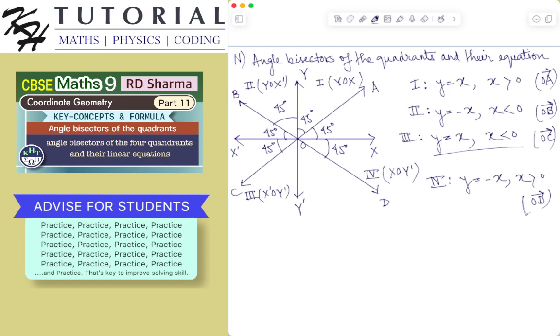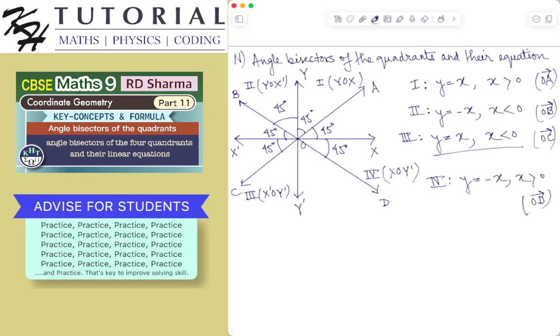So the angle bisector of the first quadrant is the ray OA, because the region of the first quadrant is the angle YOX, which is 90 degree. So its angle bisector is OA, which will bisect the angle YOX into 45 degree.